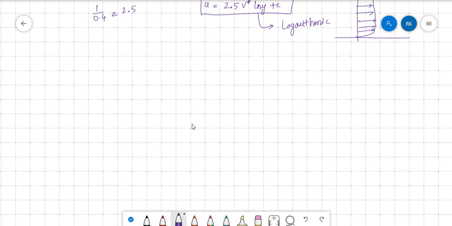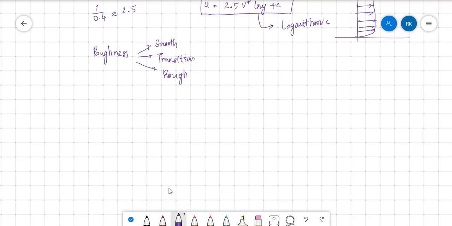And another important thing we will find here is roughness. So roughness plays a major role. So pipes can be divided into smooth pipes, transition pipes, and rough pipes. So transition means that is between smooth and rough.